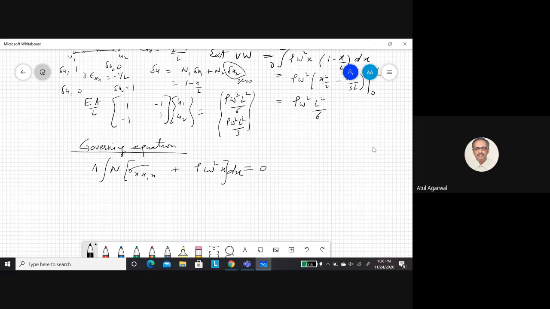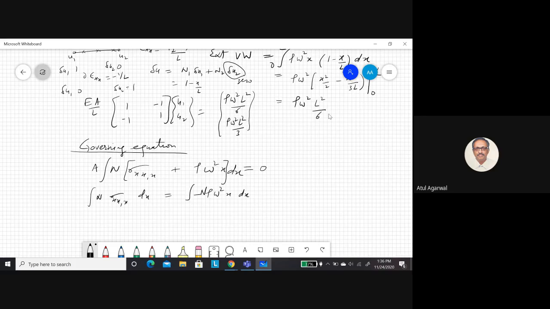So if it is a uniform cross-sectional area, you take the area outside. Now you have got this equation: integral of n sigma xx comma x dx is equal to minus integral of rho omega square x dx into your n.